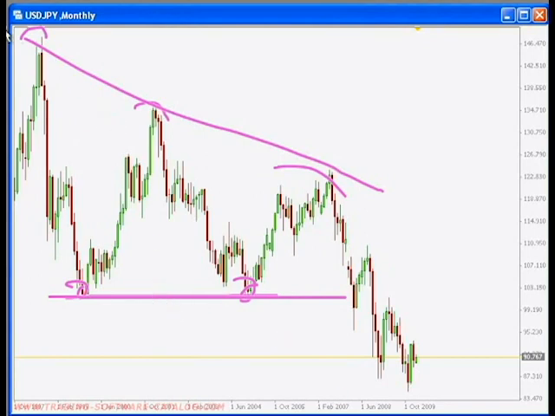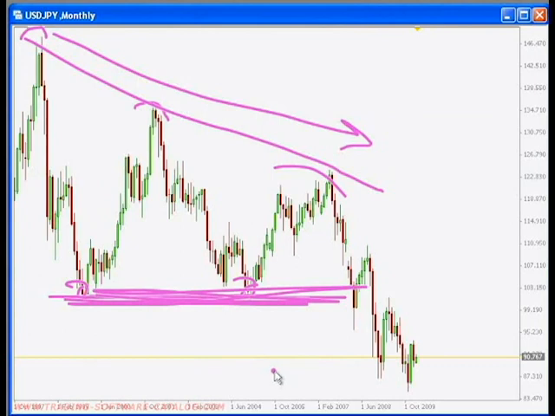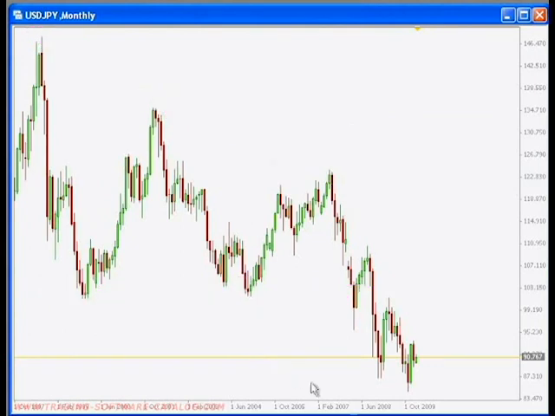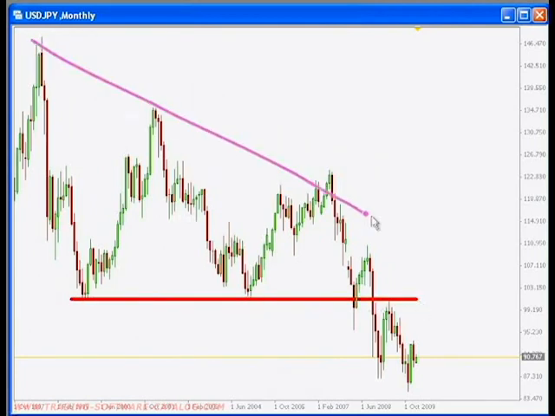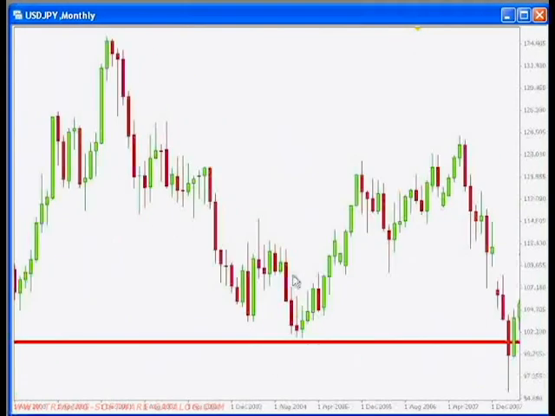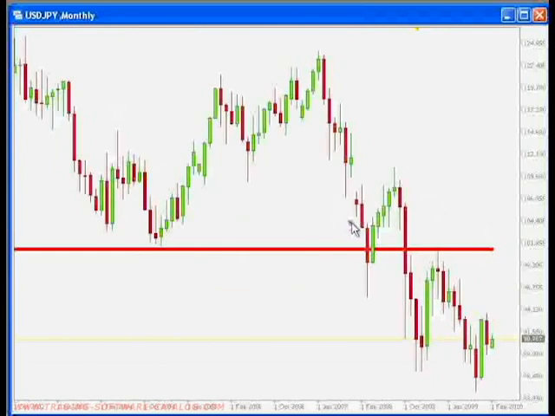Price building pressure into this horizontal level of support. So I am going to mark just that on my chart. There is no need to mark this one because eventually the breakout happened to the downside. Here we got a little bit of a fake breakout, and eventually the real breakout happened there.